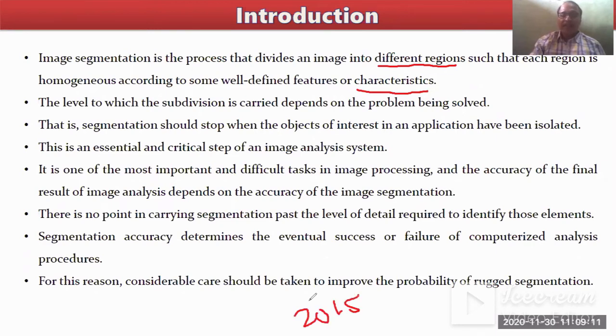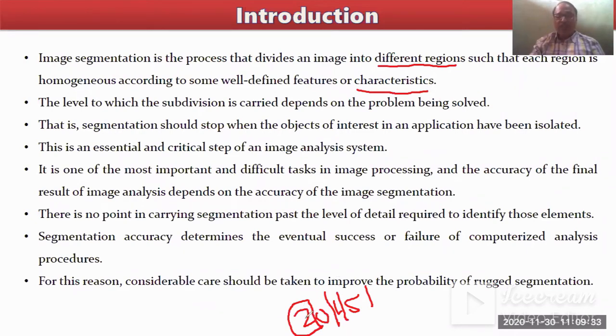We can divide this image into these sections: 2, 0, 1 and 5. These sections are useful for our analysis purposes. Our image is divided into different regions, and each section is useful for analysis.